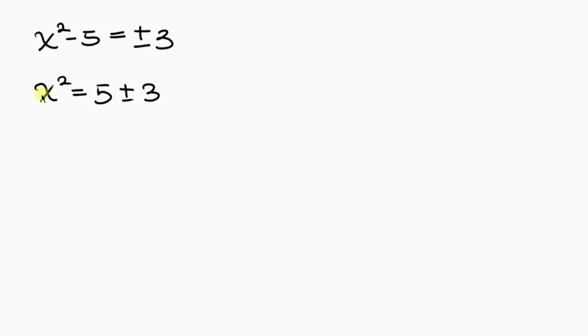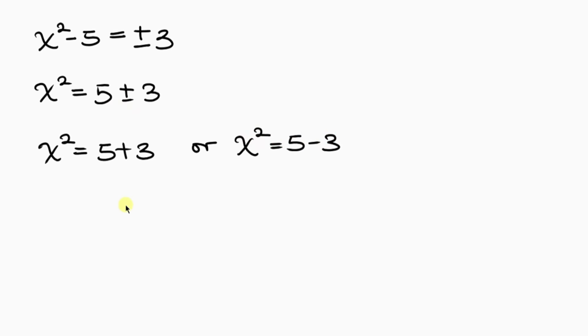So there are two cases from here. We have x² to be equal to 5 plus 3, or we have x² to be equal to 5 minus 3. So let's solve these two cases one after the other. So here we have x² to be 5 plus 3 is 8. And in order to get rid of this square, we take the square root of both sides.